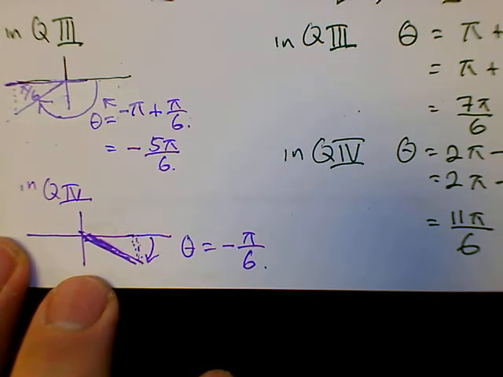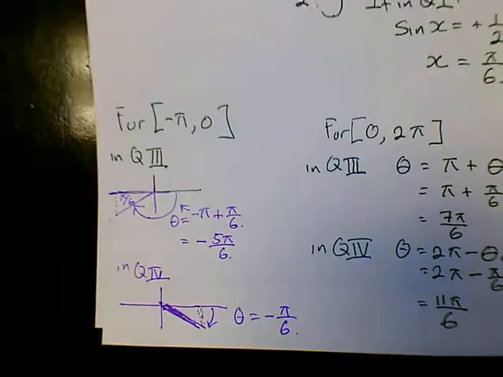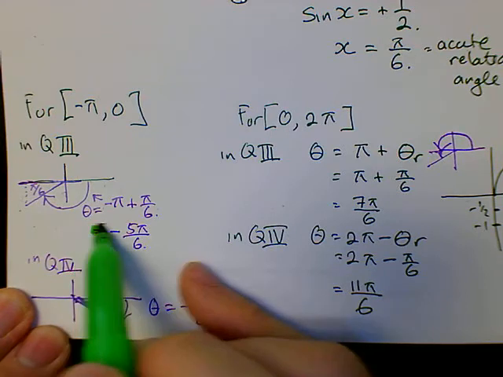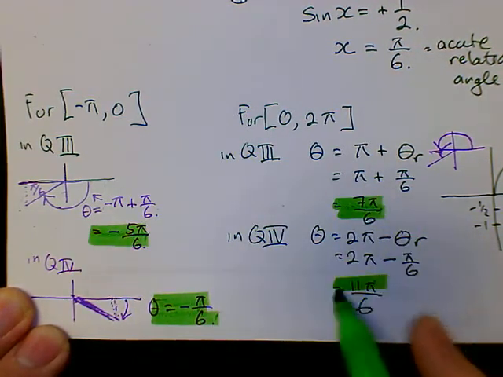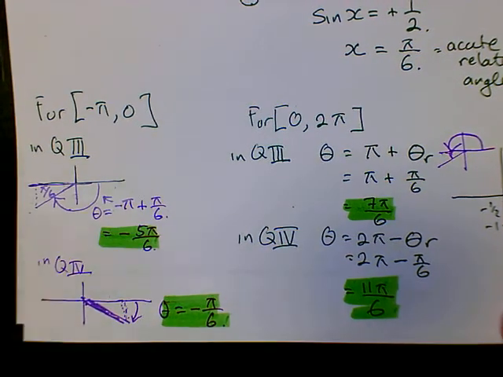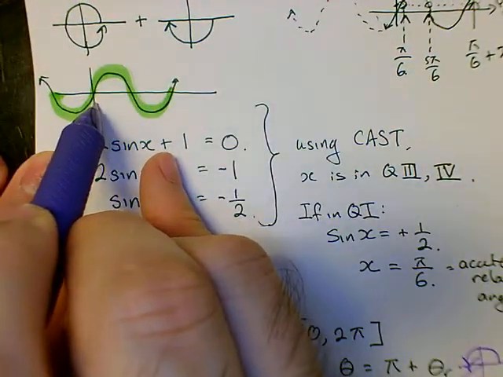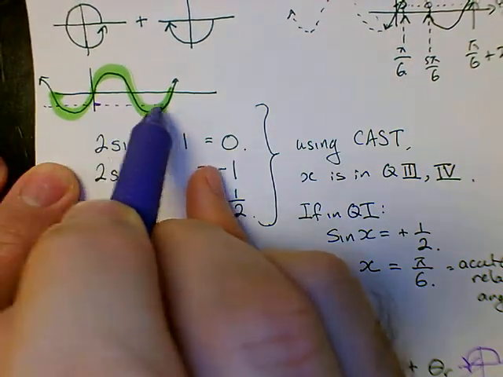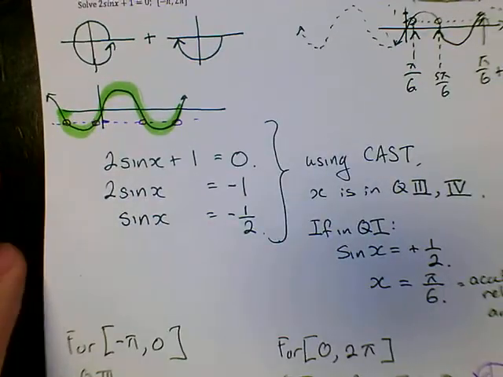The reason we have to go through this, again, I'm going to go back to my little drawing of the sine curve. It makes sense for us to have 4 different answers for this one equation, because if I'm looking for the y value of negative 1 over 2, I have 4 different locations where that dotted line intersects.